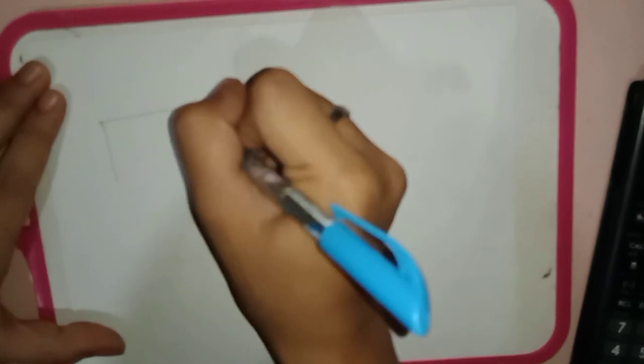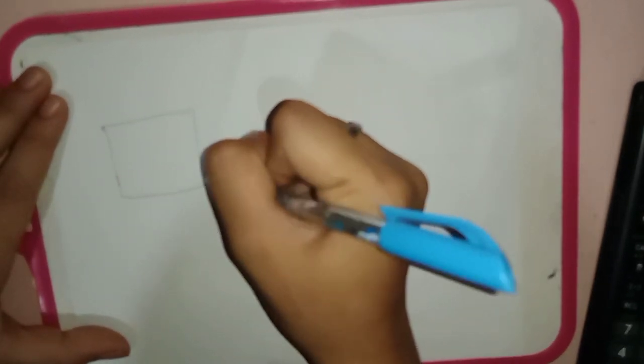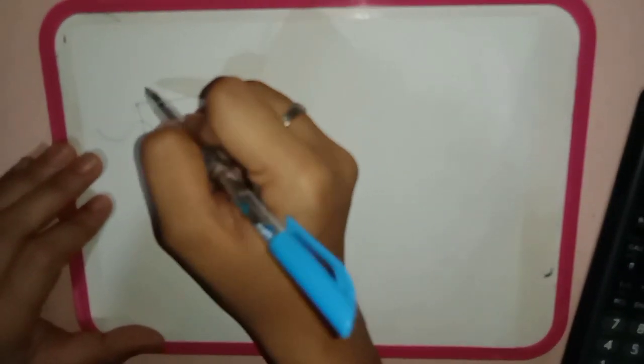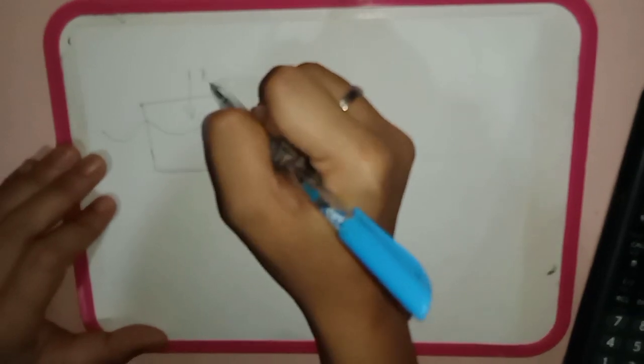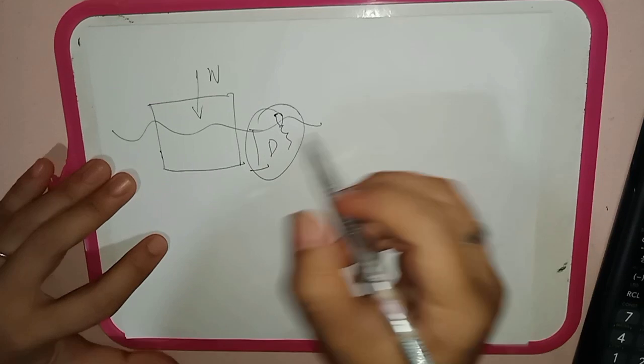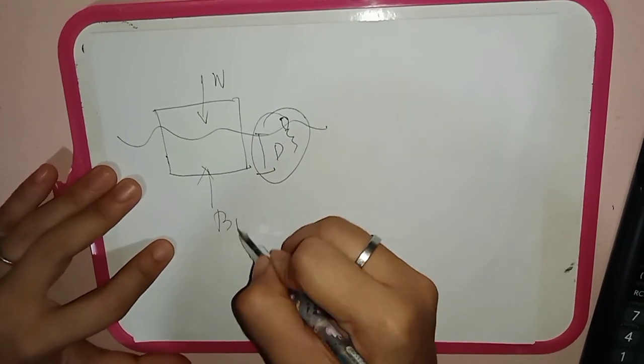We have a scow here, and water. Our weight and our draft, which is what we are looking for. We have a buoyant force here.